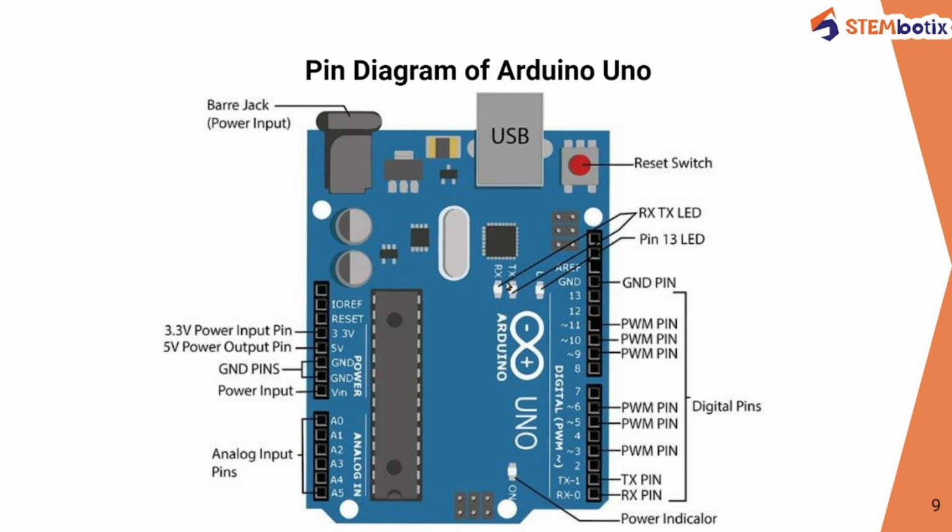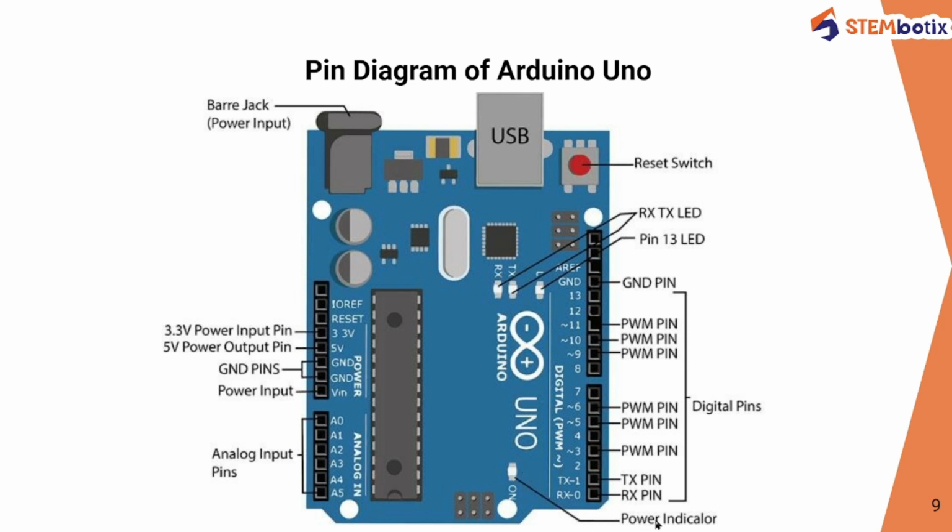After that, you have TX and RX. These are transmission and receiving, means if anything is transmitted to the Arduino board or it is receiving, then these two LEDs turn on. So these give you an indication of transmission and receiving.